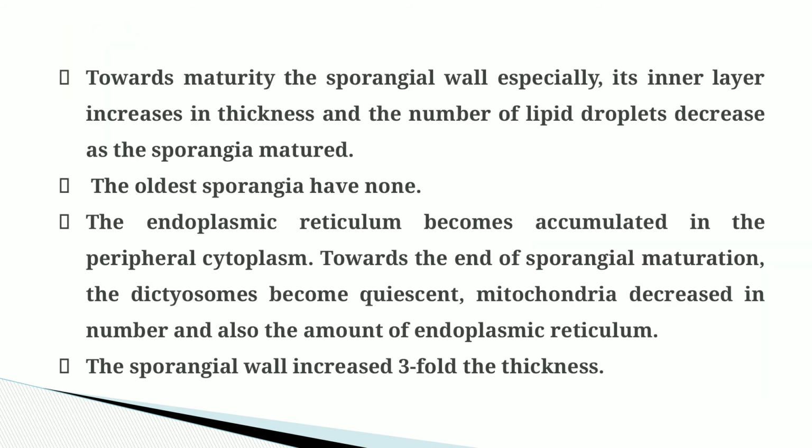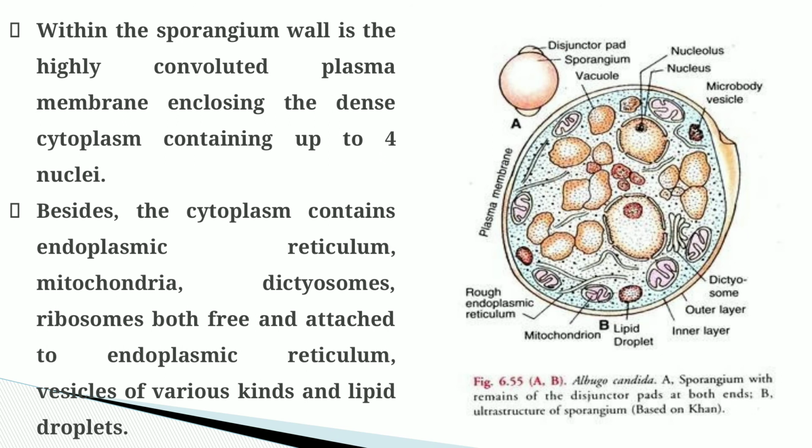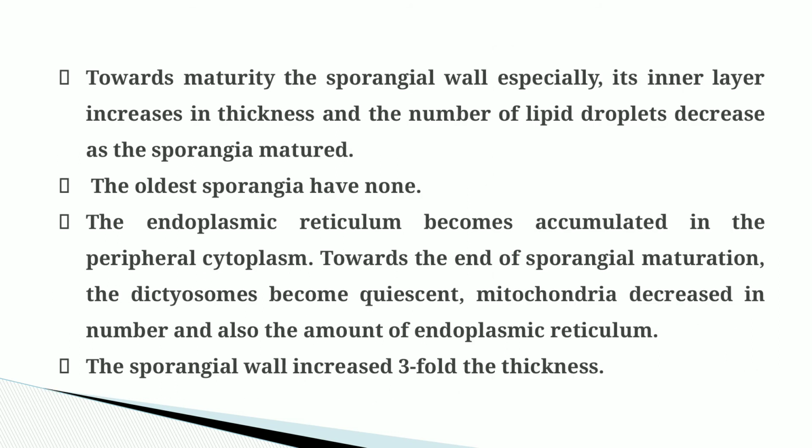In this video we discussed in detail the sporangia and the ultrastructure of sporangia. So towards maturity, the sporangial wall, especially its inner layer, increases in thickness. The number of lipid droplets decreases as the sporangia mature, and the oldest sporangia have no lipid droplets.